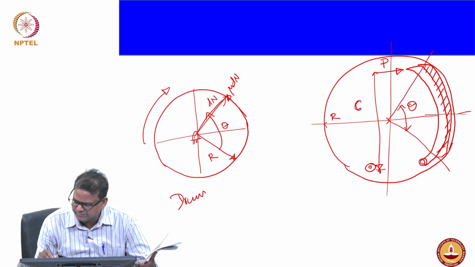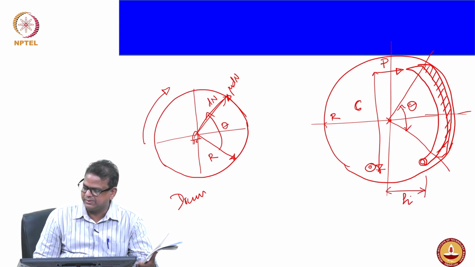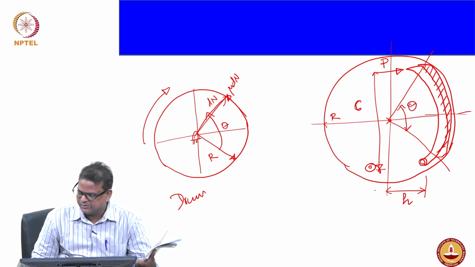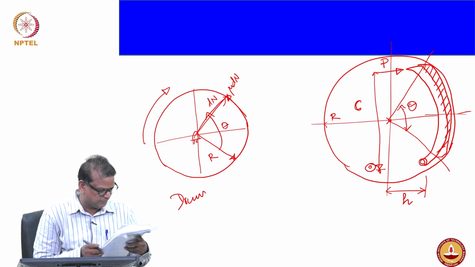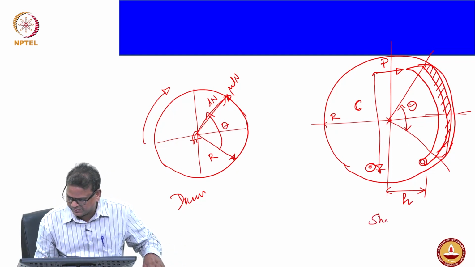Then from the center of the drum to the center of the pivot, this distance is taken as h. This just gives a description about the shoe arrangement in the drum brake.